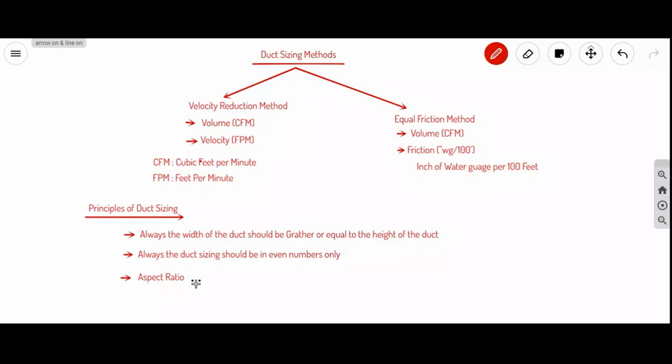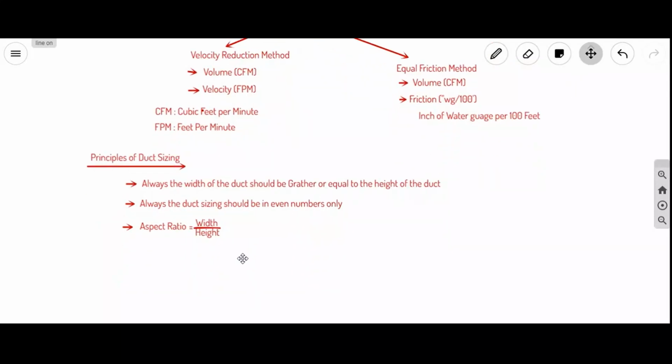Aspect ratio equals width divided by height. The aspect ratio should be in between 1 and 9.